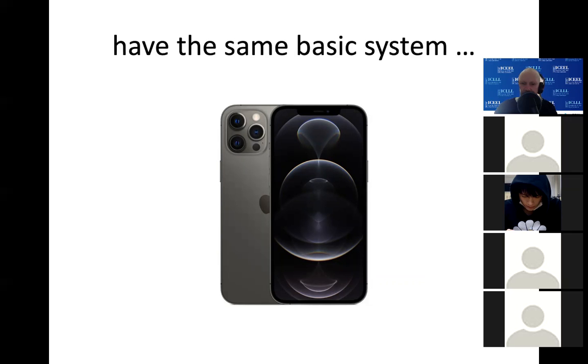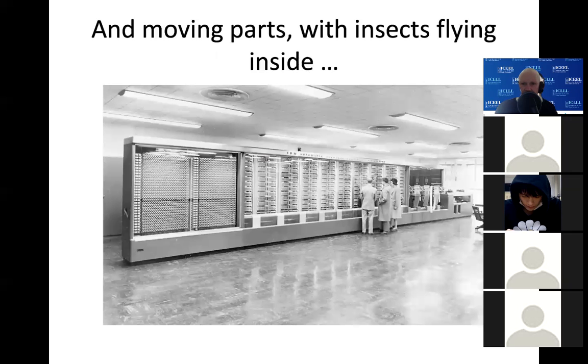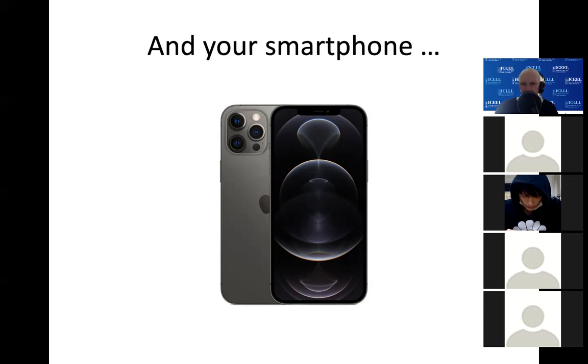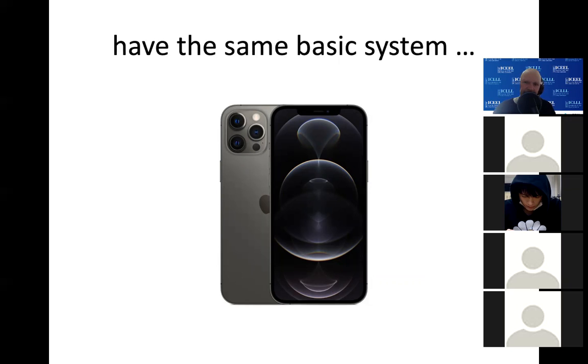But they have the same basic system. So whether it's early calculations with moving parts and insects all over the place, or your smartphone, it's the same basic idea. Ones and zeros, on and off, on and off.